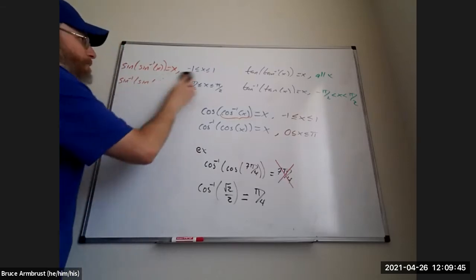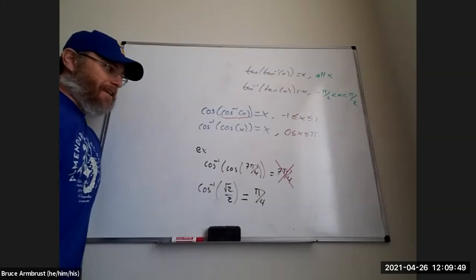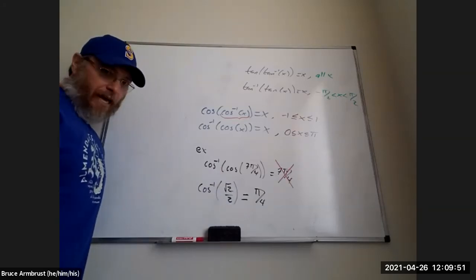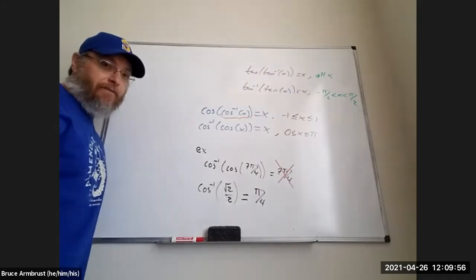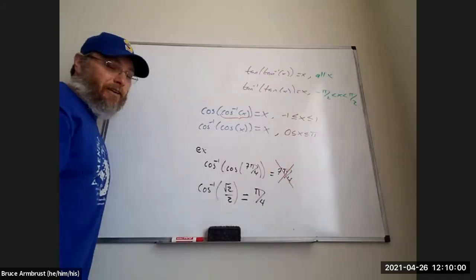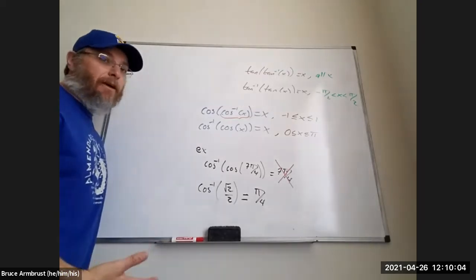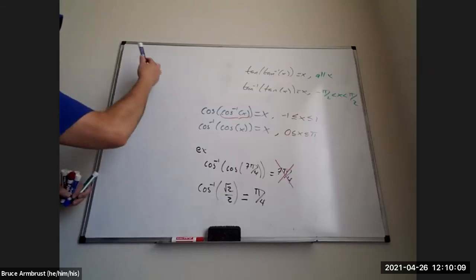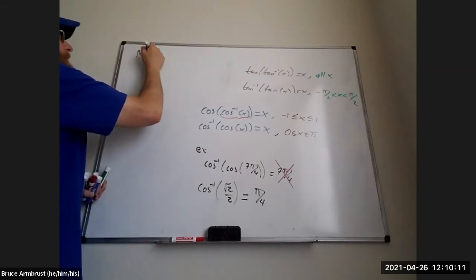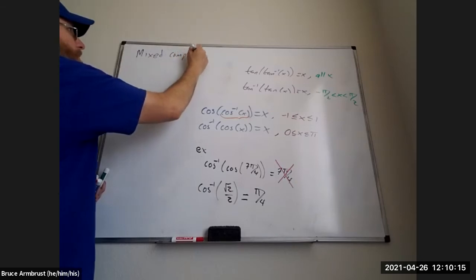What I mean by mixed composition is, instead of taking the cosine of the cosine inverse, what if I take the sine of the cosine inverse? Or the tangent of the cosine inverse? Or the sine of the inverse tangent? We can actually do all sorts of combinations of these. I want to address a little bit how this works. So this is going to be mixed composition.